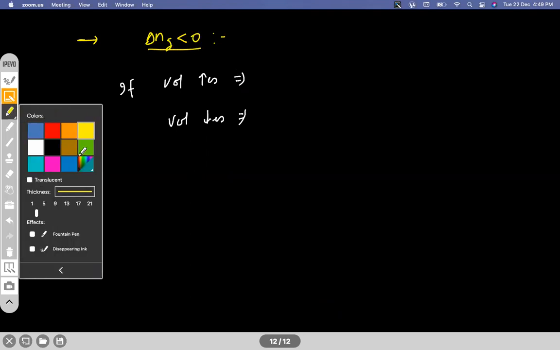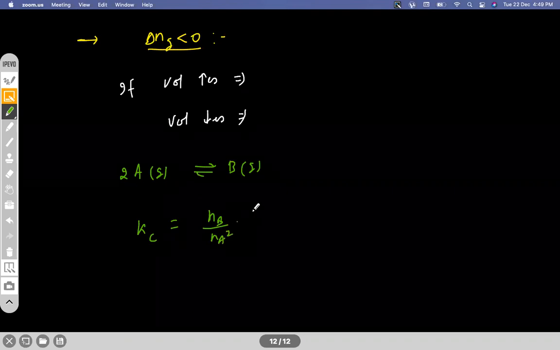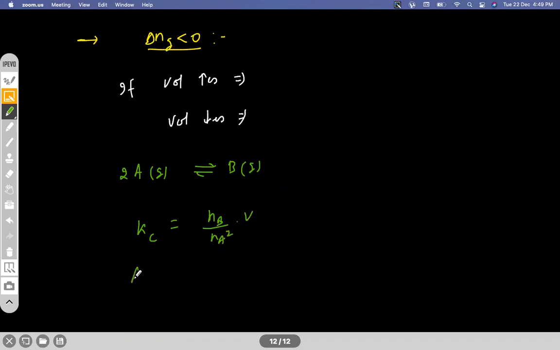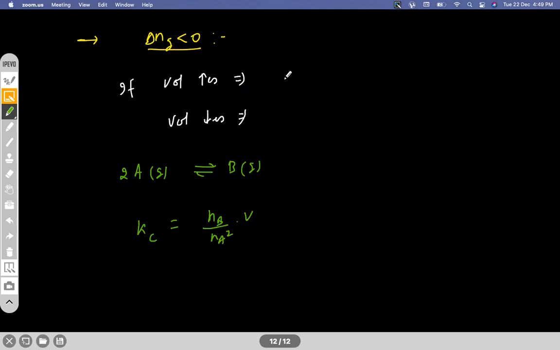So we can think of a reaction, say this one: 2A gives B. Its Kc would be Nb by Na square into V. So as V increases, Na will also increase. That is backward shift. And this one is forward.